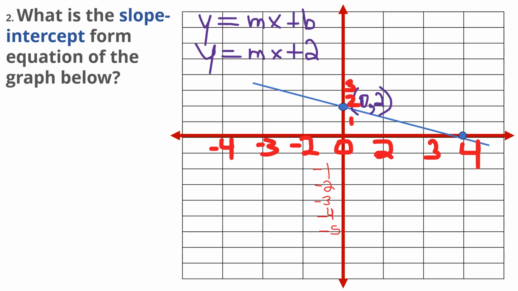Here, if you wanted to find the slope-intercept form of the equation below, we already wrote this equation: y equals mx plus b. That's the general equation given to you, as most of you already see in your textbooks.